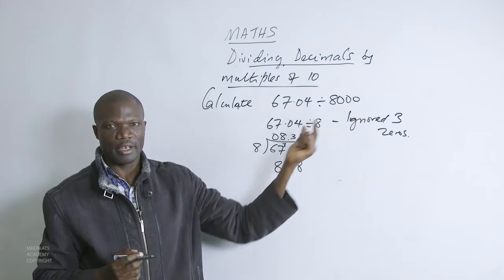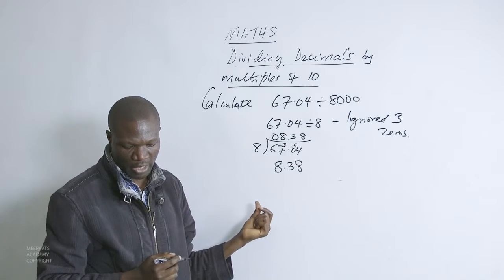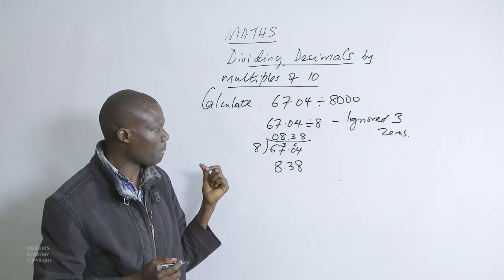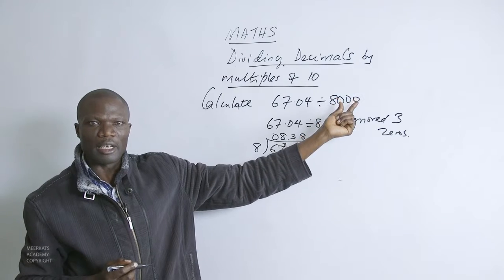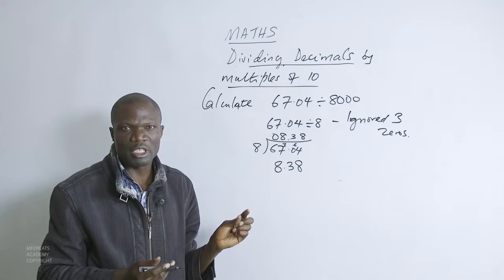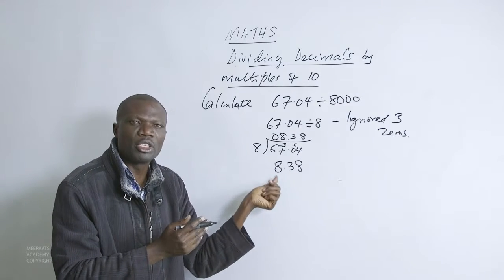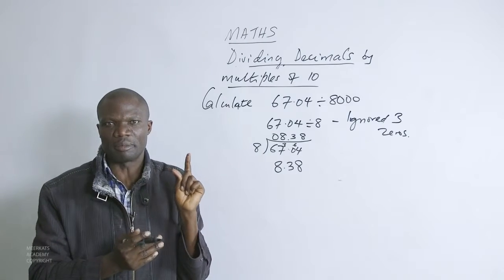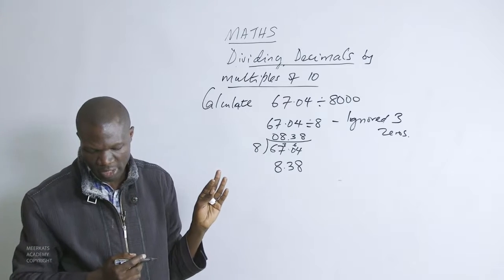Now, the zeros that we ignored need to be brought back at this particular time. Since this is division, the number of zeros we ignored will move the decimal point to the left by the same number. We ignored 3 zeros in this particular case.